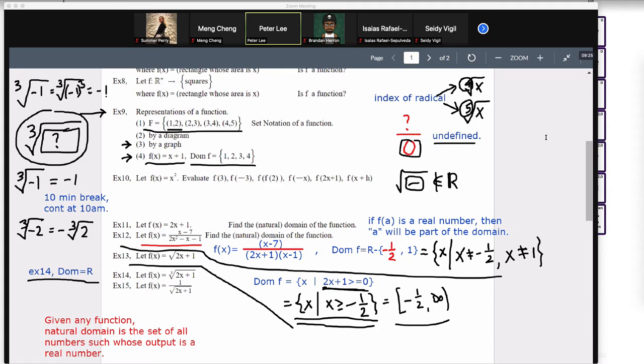So let's say I give you something like this on the test. Let me give you an example right here. I know the board could be a mess here.